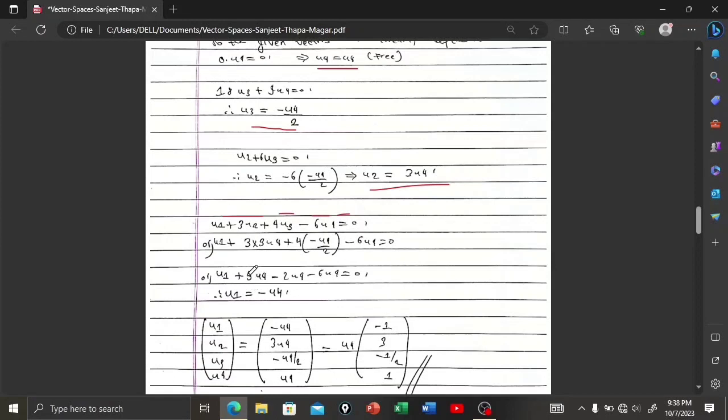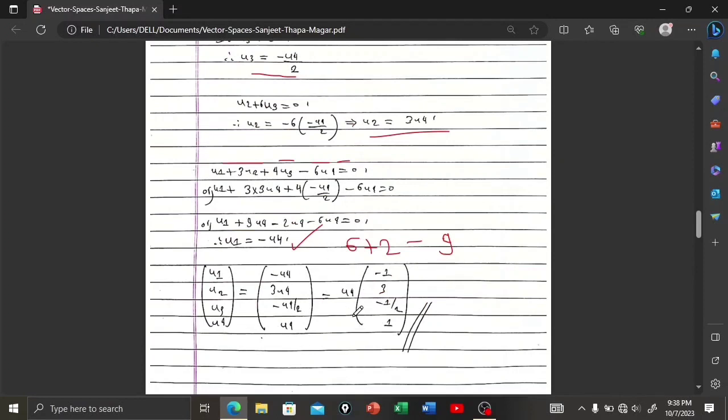So u1 plus 9u4 minus 2u4 minus 6u4 equals 0. So u1 equals, sending all to the right hand side, 6 plus 2 minus 9. 8 minus 9 is minus 1, so minus u4. So u1 is minus u4, u2 is 3u4, u3 is minus u4 by 2, u4 is u4.